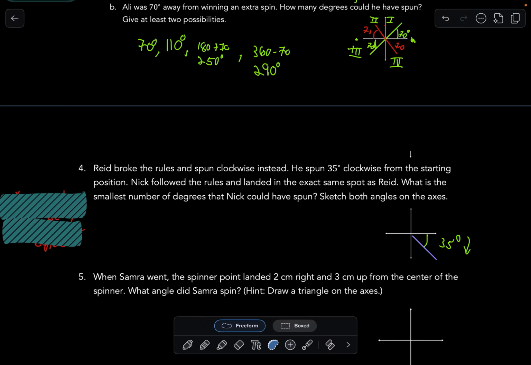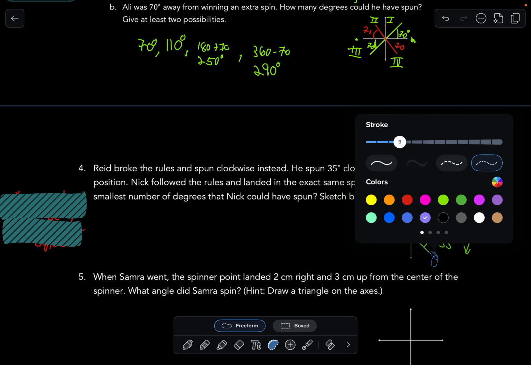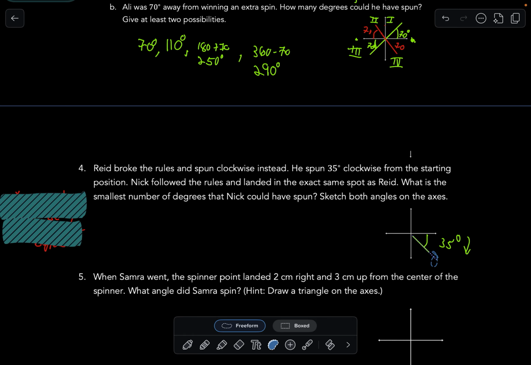And let me make that dashed so you can see that they're on top of each other. Nick followed the rules because he is a good rule follower and spun it that way. Reed didn't follow the rules, so he spun in the opposite direction. What is the smallest number of degrees that Nick could have spun?